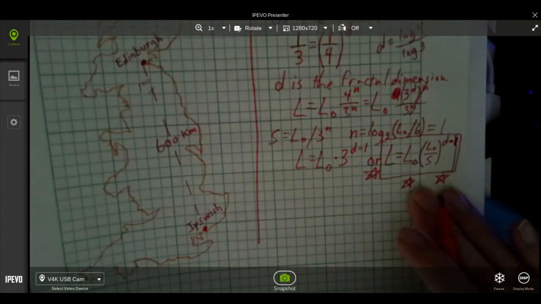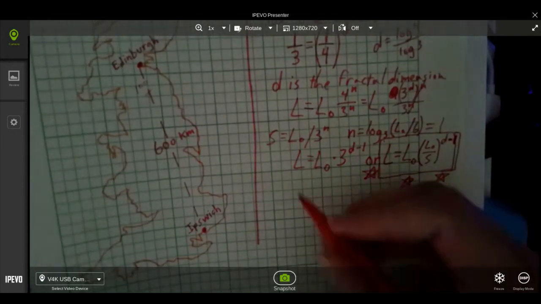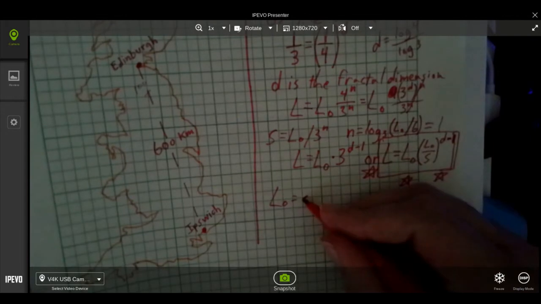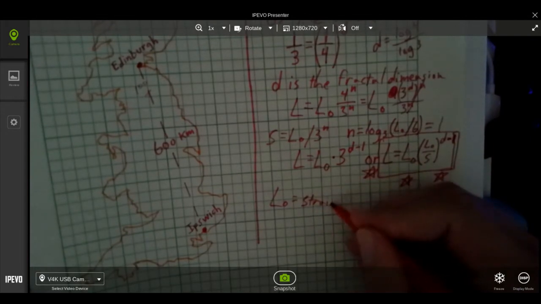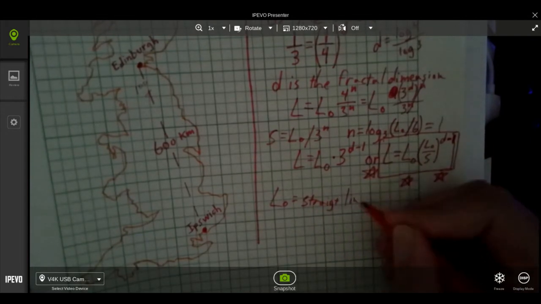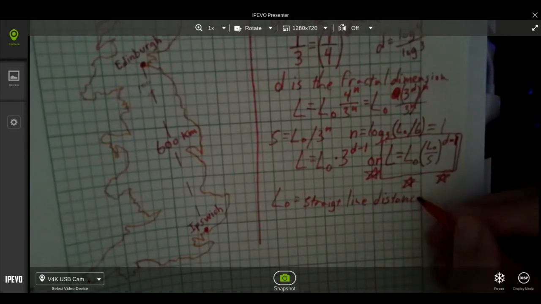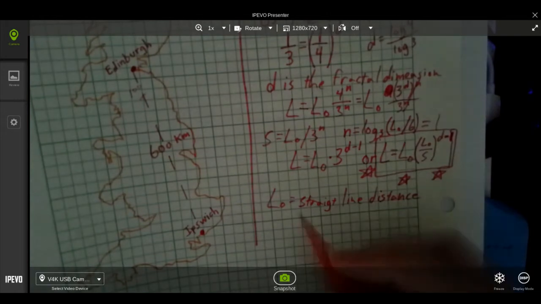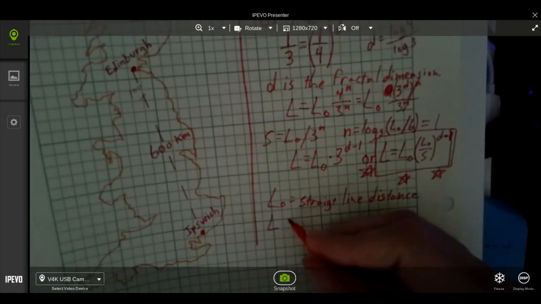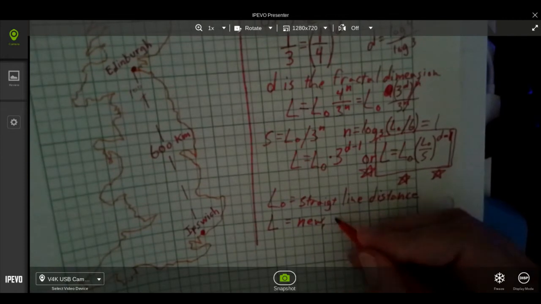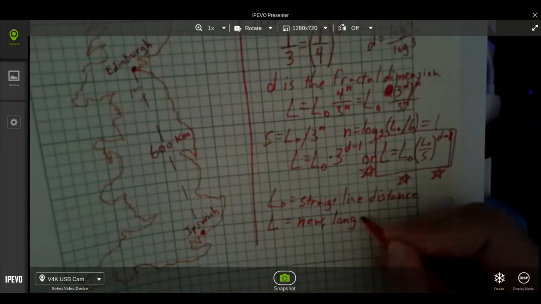And just so you know, L naught equals the straight line distance. L equals the new distance, which is longer, the new longer distance.